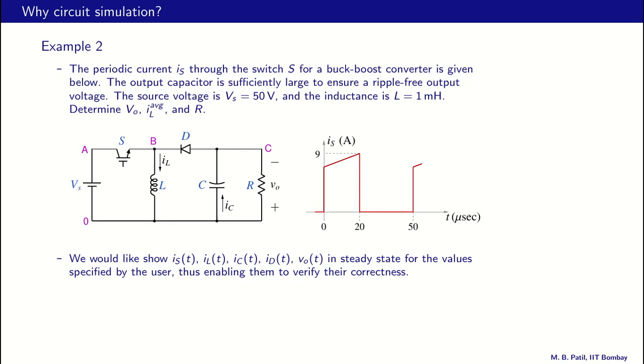And we want to calculate not only the steady state average values, but the actual waveforms, because those have much more information, and that is something that we can show the user so that he or she can verify whether their current waveform, the switch current waveform, is indeed like what we have given.